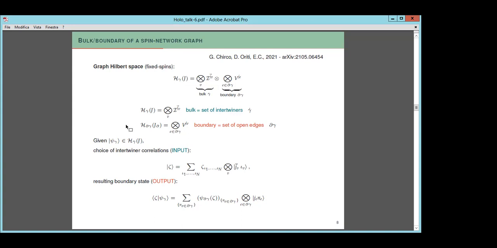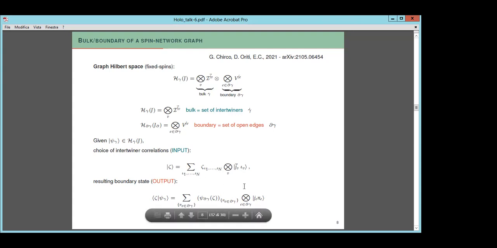So the idea is that given a certain state associated to a graph, we can feed the intertwiner degrees of freedom with a certain input state written here, and the resulting state, so after the imposition of these intertwiner correlations, is a state that lives on the boundary.